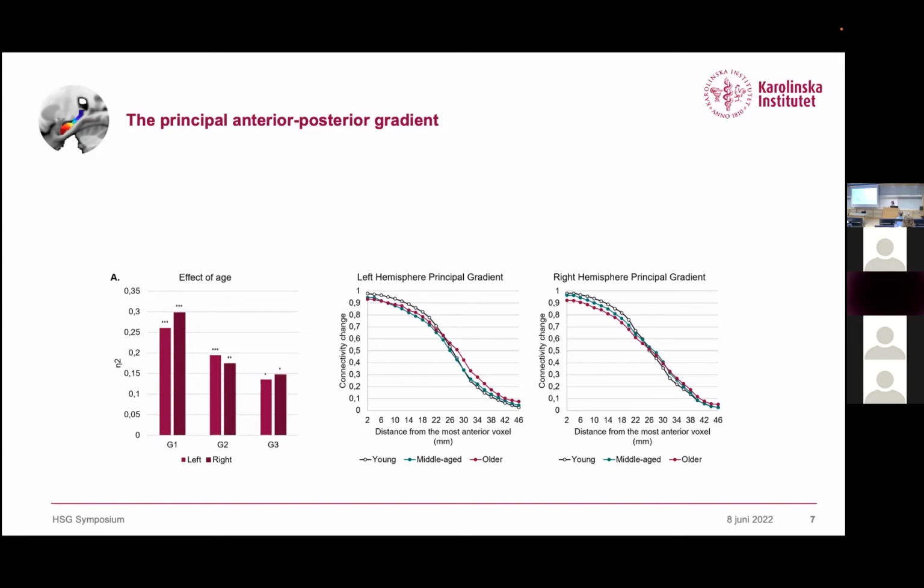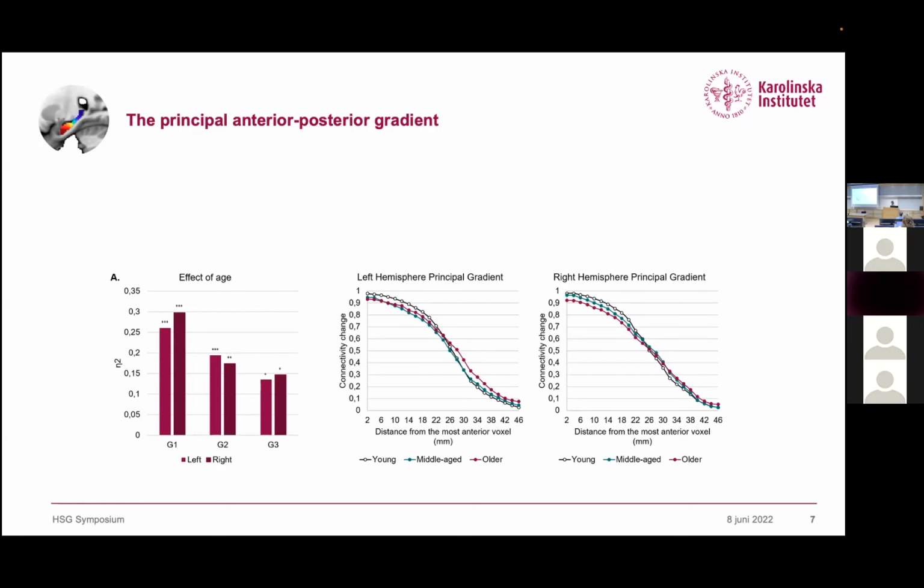So what we first of all can see is that this type of variation, anterior to posterior, is quite graded and smooth along the axis. And we see it in all of our participants, basically, or independent of age. So it's evident in the younger age group, middle-aged, and also in our older segment.